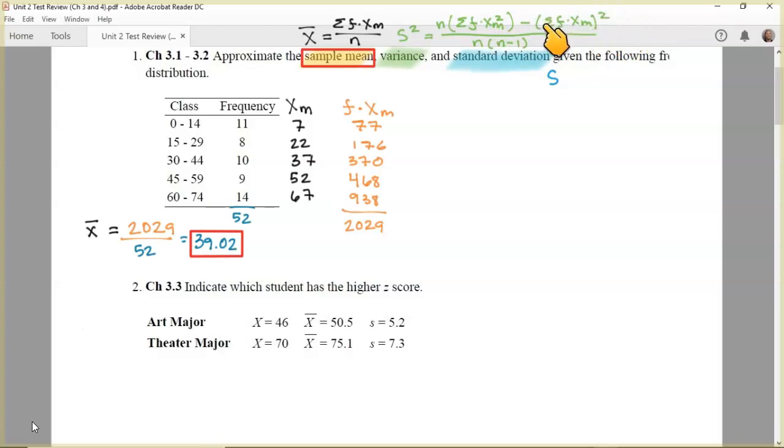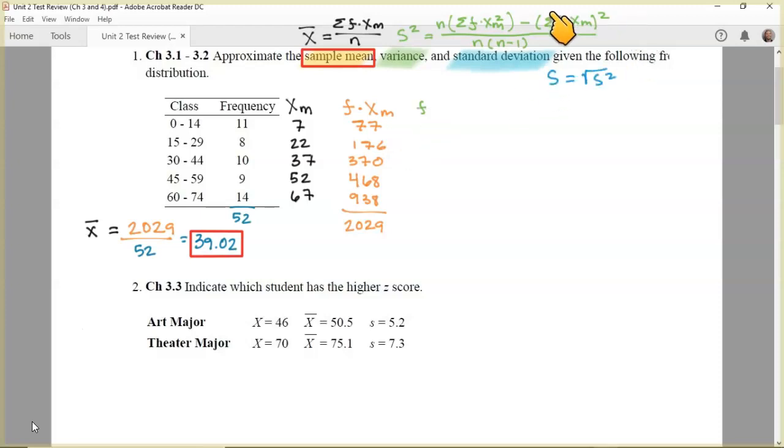This value we actually already have thanks to the sample mean. That's this number here, the 2029. We already have that number. And then again, the total sample size times the total sample size minus 1. So this is how we calculate the variance from a grouped frequency distribution. And then to get the standard deviation, the relationship there is just take the square root.